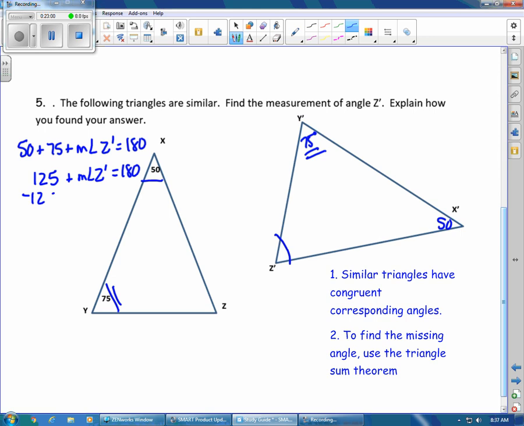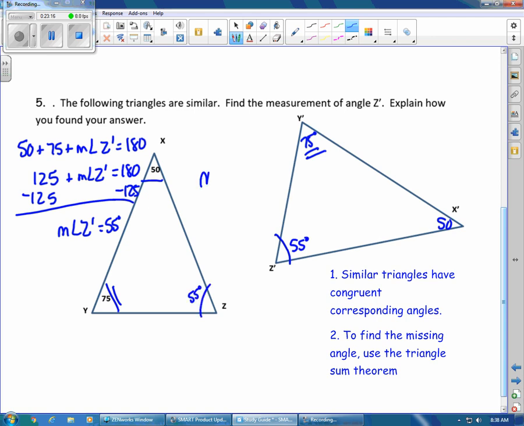Subtract 125 from both sides of the equation. And the measure of angle Z prime is going to be 55 degrees. And then, of course, I know that Z is also 55 degrees.